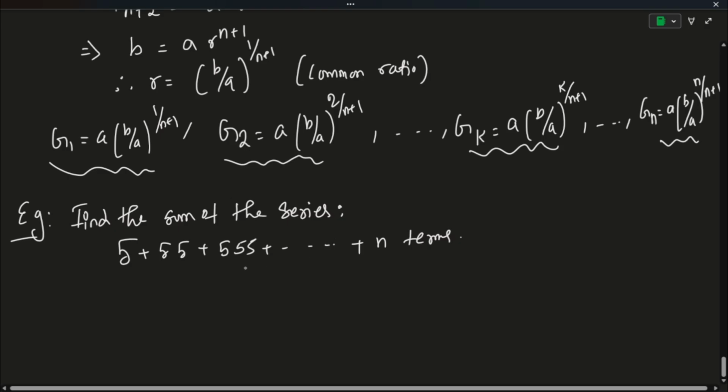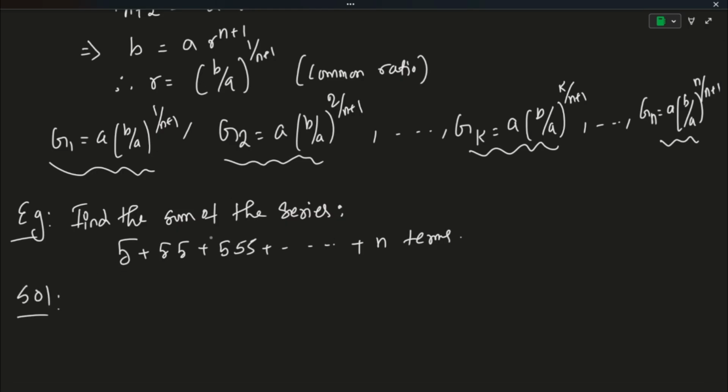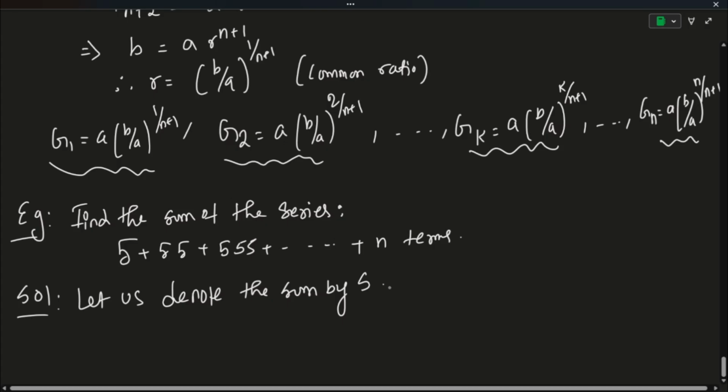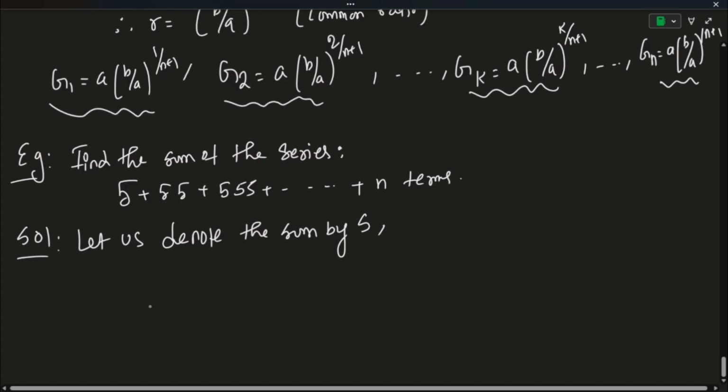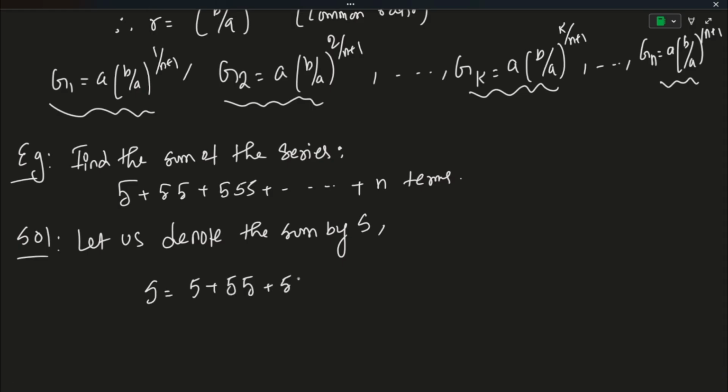Okay, so first of all we need to understand what's going on here. So let's say I denote this by S. For this kind of number problem we have a very general technique at hand. Let us denote the sum by S. And this S I can now write as S is equal to 5 plus 55 plus 555 and all the way up to 5555, where these are n fives.